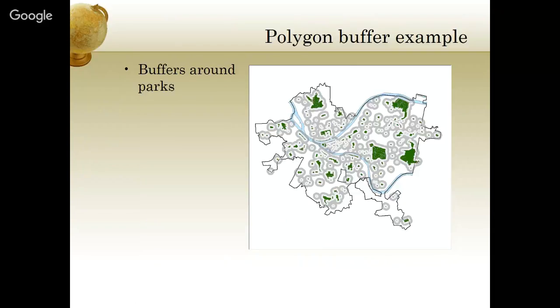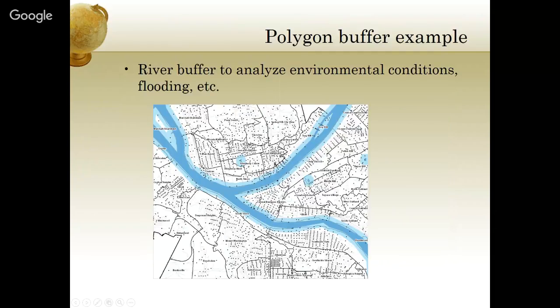You can buffer around parks and polygons to determine areas where you may not want to have development, to preserve, say, minimize sound coming into a national park, for instance, and not have developments, or say a rifle range next to your national forest.